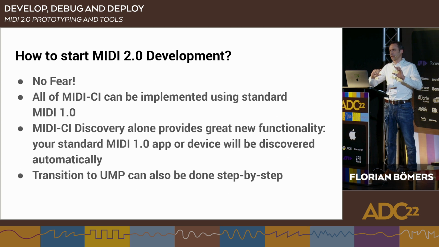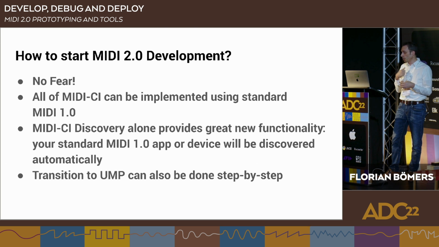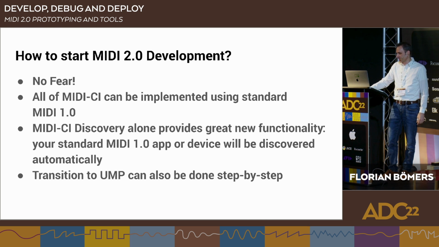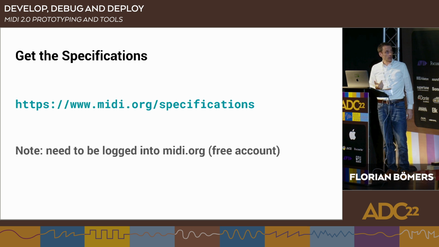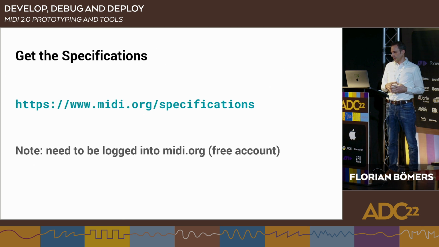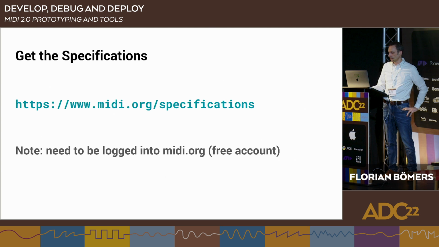You can, for example, switch to UMP internally and on the outside still use MIDI 1.0 or use MIDI 1.0 over UMP. So lots of ways to have a gradual transition to MIDI 2.0. The specifications are all available for free on the MIDI.org website. You just need a free MIDI.org account.